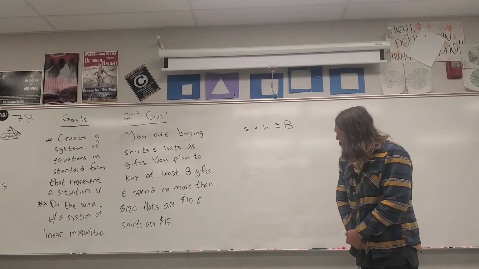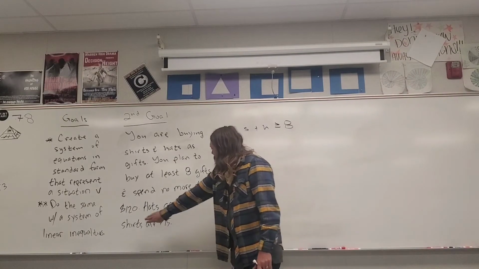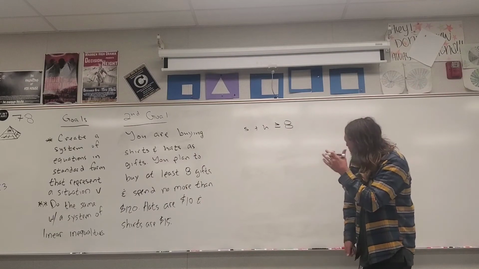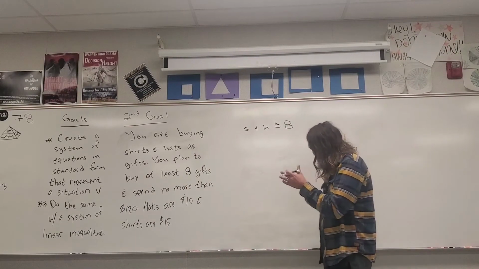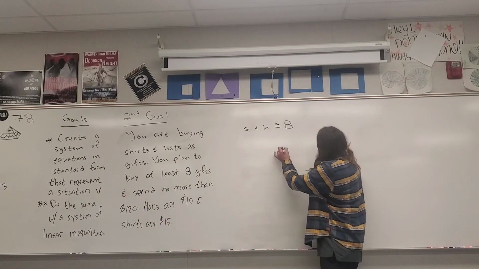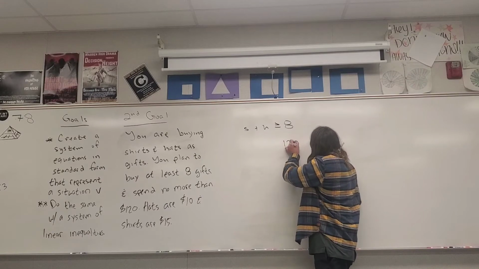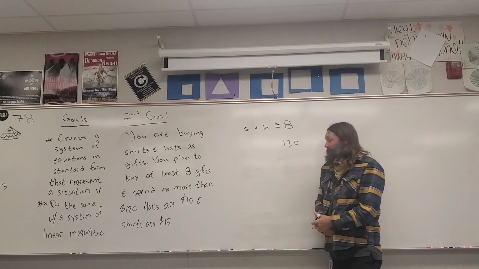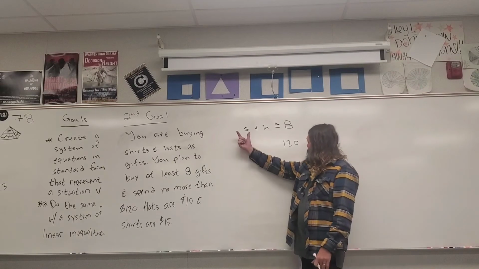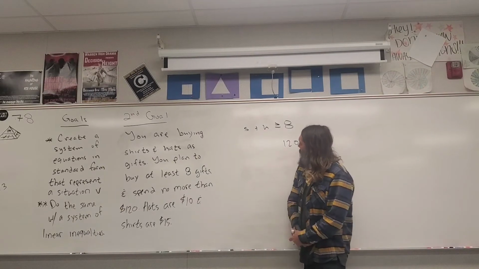My second inequality, my total is going to be $120. That's a trig number that I'm teaching right now, but it's $120. So you're going to spend no more than $120. Okay? And so we're spending money on 2 items. We're spending money on shirts and we're spending money on hats.